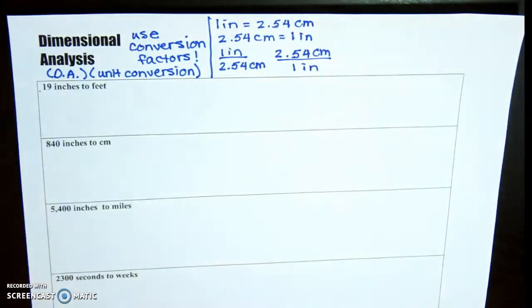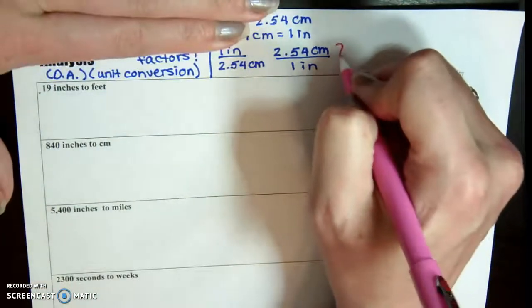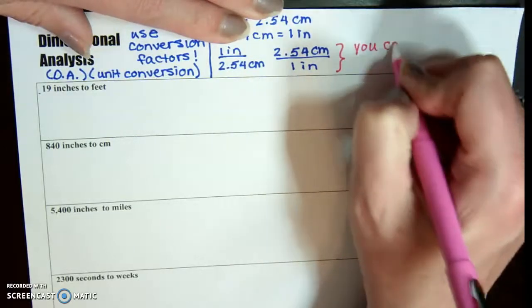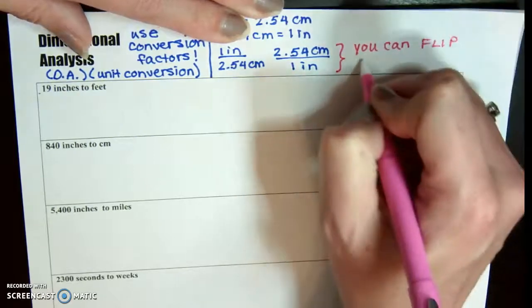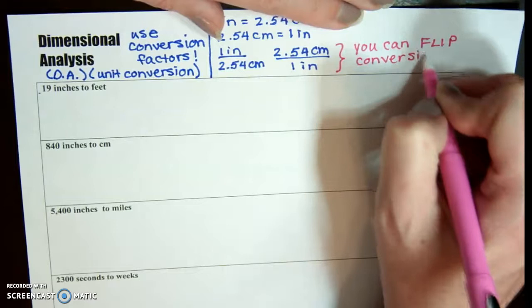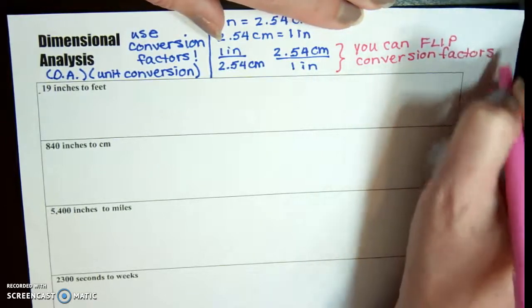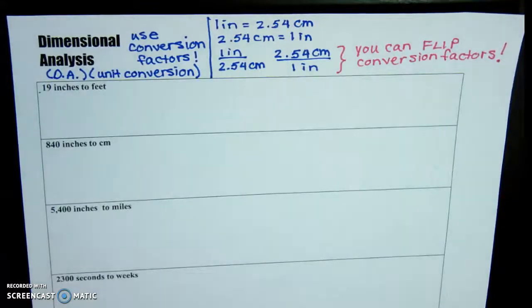So one of the most important things to realize is that we can write them as fractions and that you can flip conversion factors. That's going to allow us to write them in the way that's going to be convenient for us.